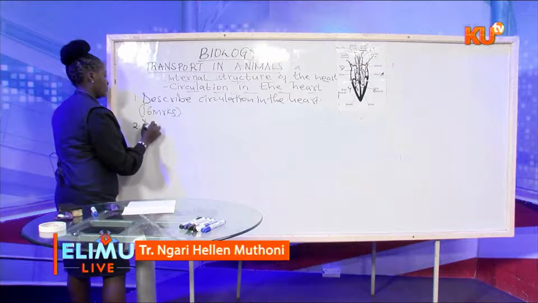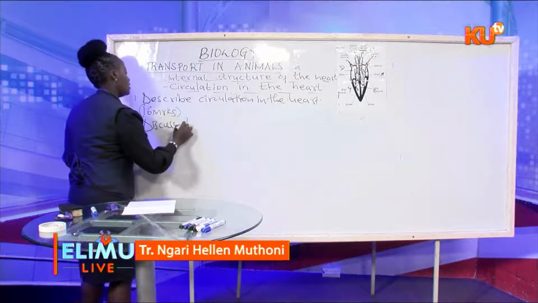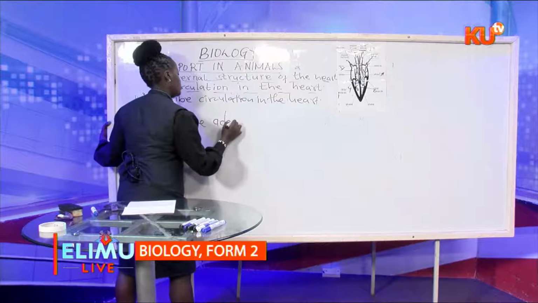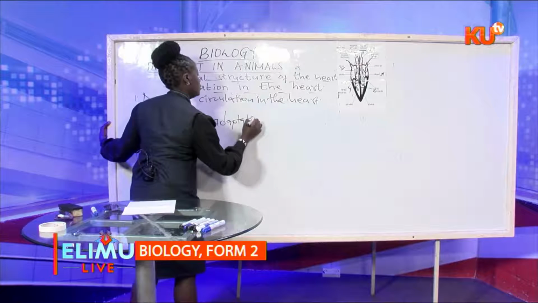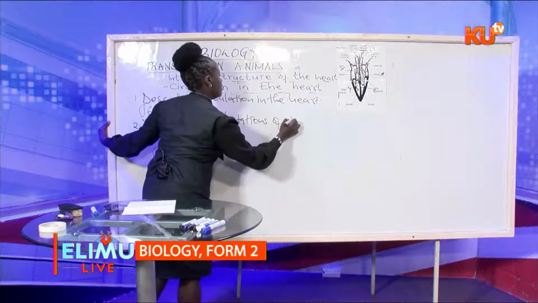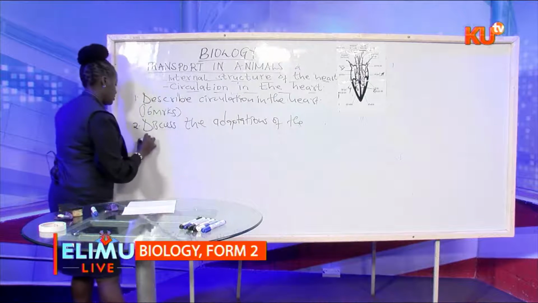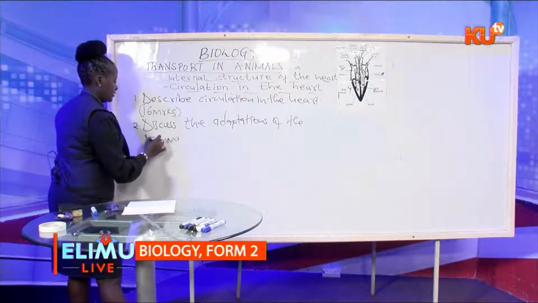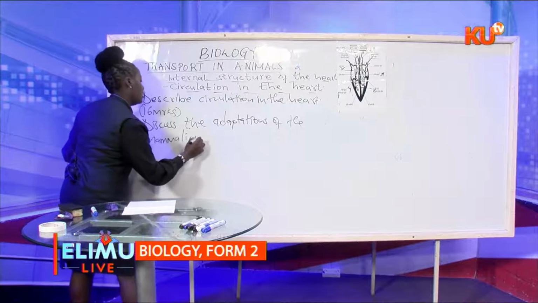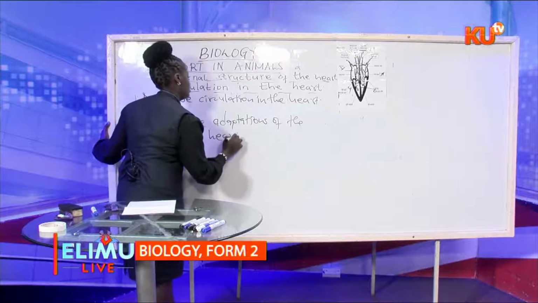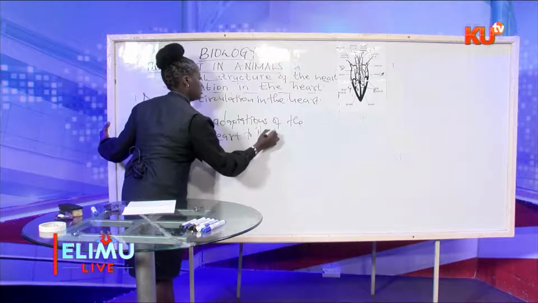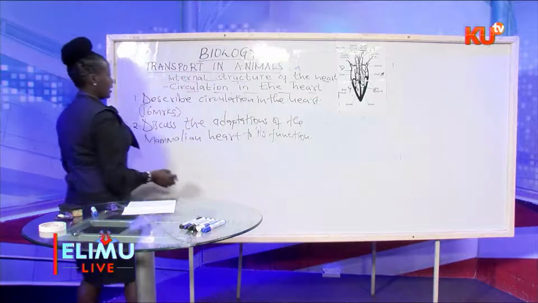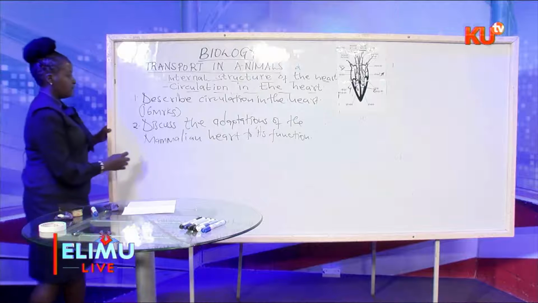Another essay question that you can be given: discuss the adaptations of the mammalian heart to its functions, which is a previously tested KCSE question.